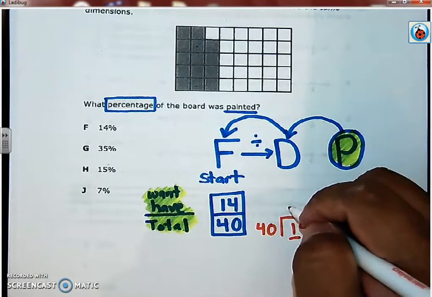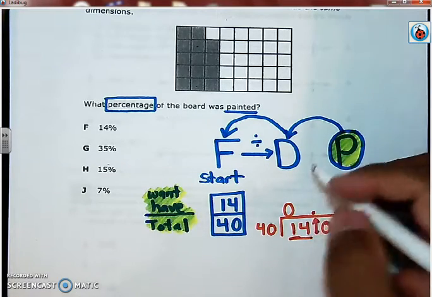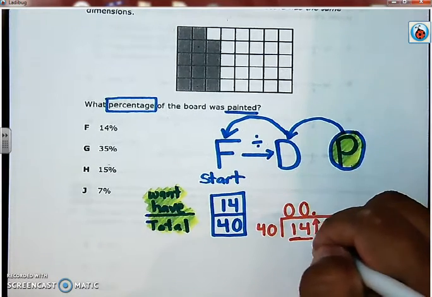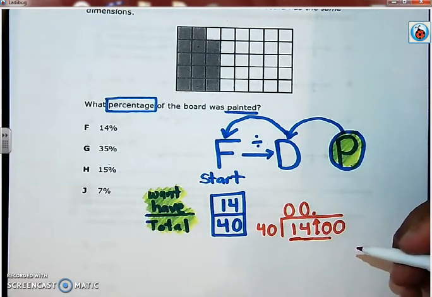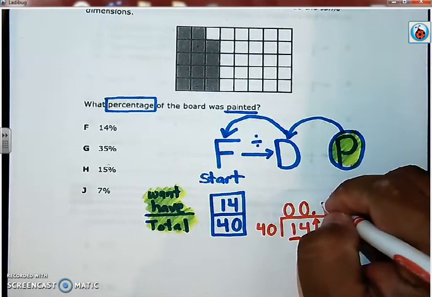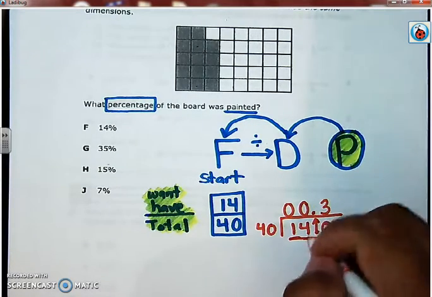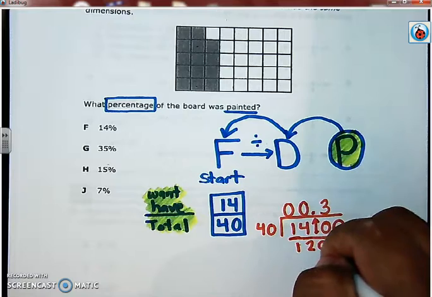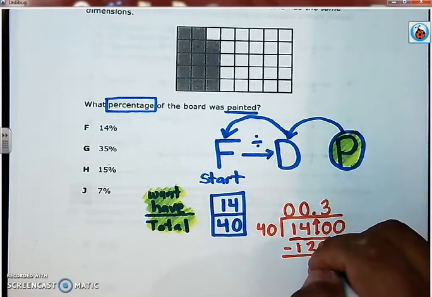Can 40 people play? No. 14 controllers. Can 40 people play? No. 140 controllers. Can 40 people play? Yes. They can play, it looks like 3 times 40 is 120. Sister, subtract. 140 minus 120 is 20.